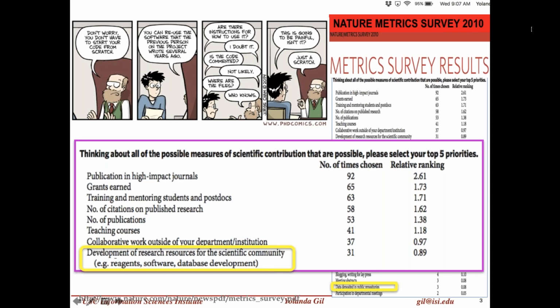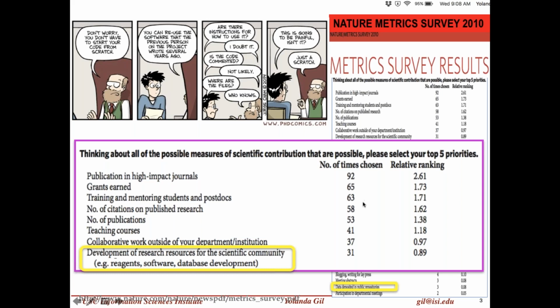At the same time, I'm showing here some results from a Nature Metrics survey some years ago that showed that one of the top things that scientists want to get credit for, you see that in the center here, is software, the software that they post as research resources for the scientific community. So software is way out there, way up in the list after publications and grants.